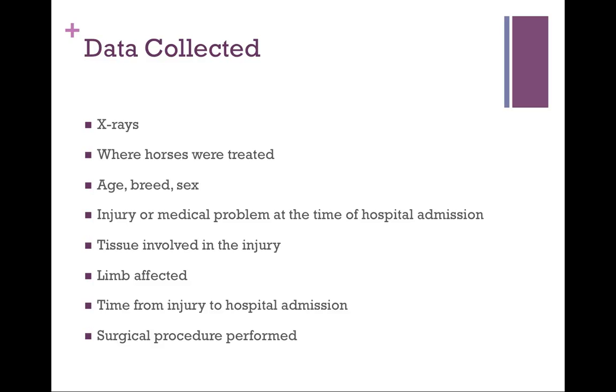Information collected from the medical records included x-rays, which hospitals the horses were treated at, the age, breed, and sex of the horse, what injury the horse came into the hospital with, the tissue or bone that was injured, the limb which the injury was on, the time from injury to hospital admission, and any surgeries that might have been performed on the injury.